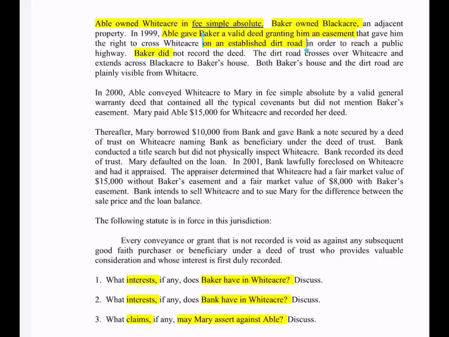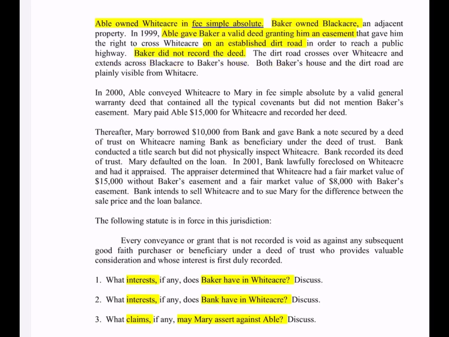It looks like the servient estate, which I need to define, is about to be sold, and we need to know whether the new owner is going to be subject to that easement, because it says Baker did not record the deed. So there is no record notice here of that easement. But there are 3 kinds of notice, and anytime I deal with notice, I need to discuss all 3.